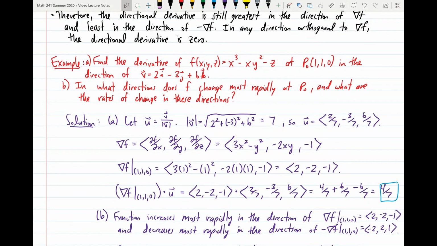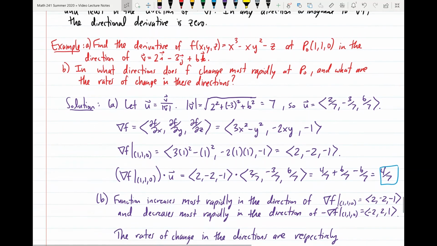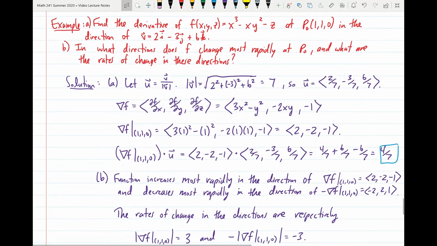So part A of our example is to find the derivative of f of x, y, z equals x cubed minus x y squared minus z at the point (1, 1, 0) in the direction of the vector 2i minus 3j plus 6k. So let's worry about A first and then come back to B. So again, notice that v, as it's given to us, this direction vector, is not a unit vector, so we want to find a unit vector in the same direction as v.